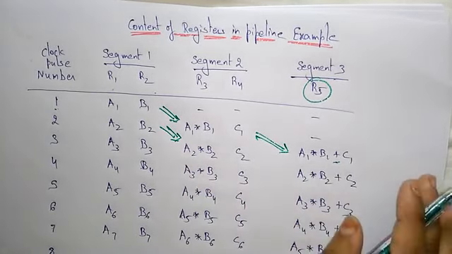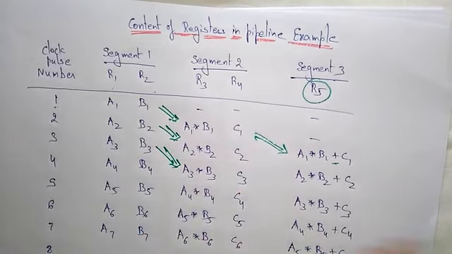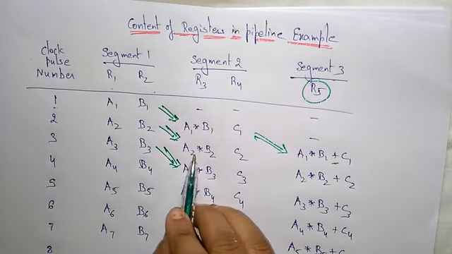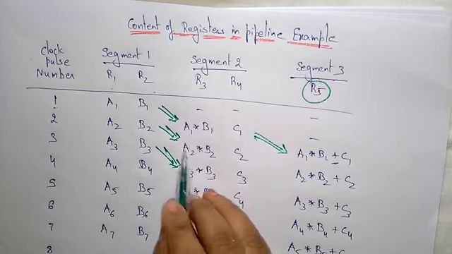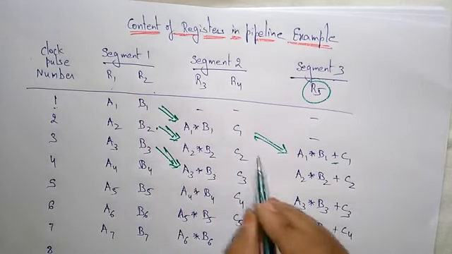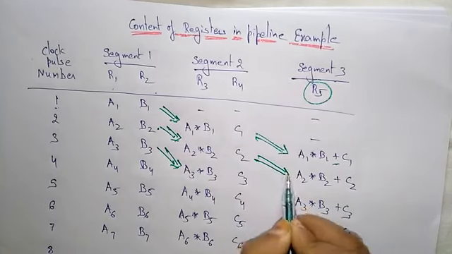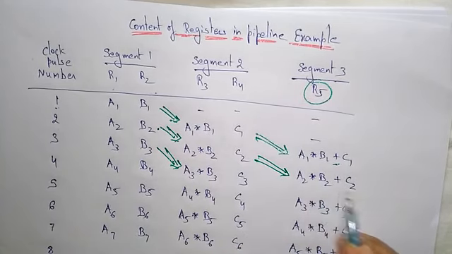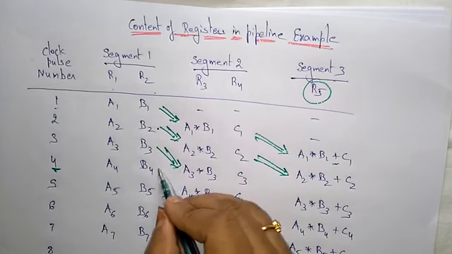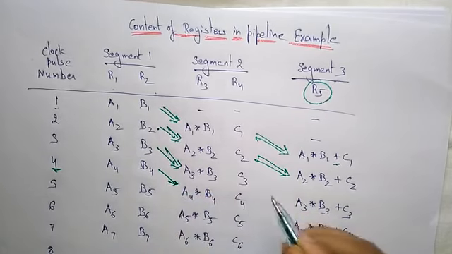Next, again A3, B3 will be multiplied in segment 2, storing the value of C2, and the result A2 * B2 + C2 will take place in the fourth clock pulse. In the same way it is executing in the pipelining process.